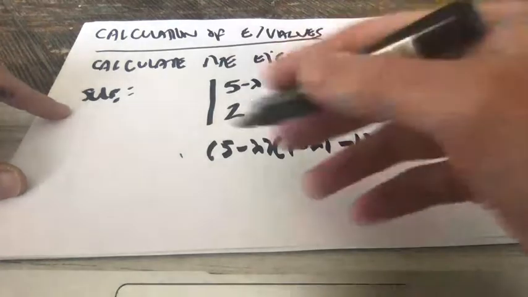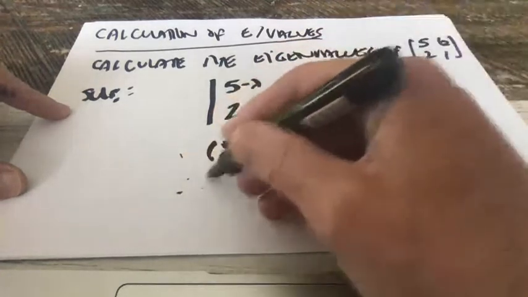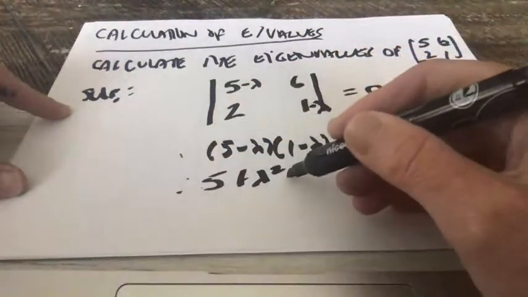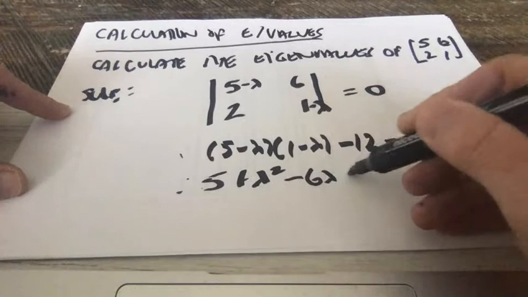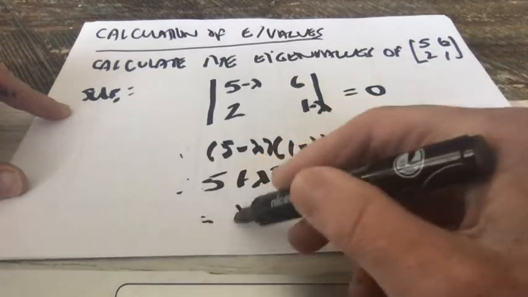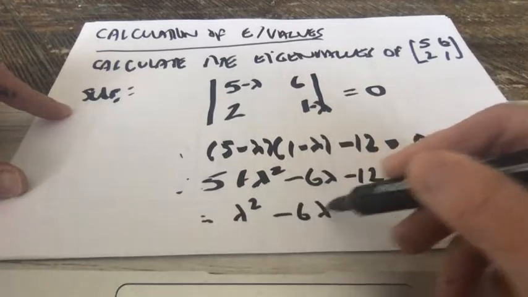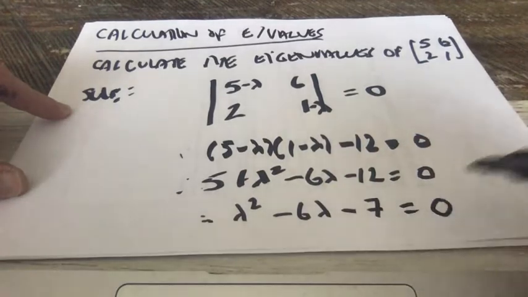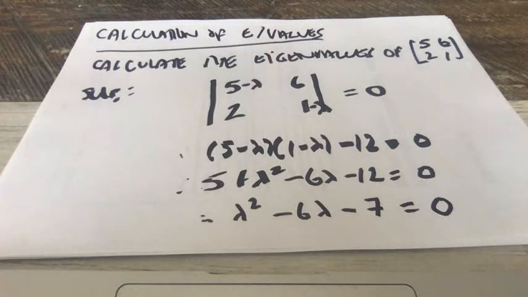Multiply that out and you get lambda squared minus 6 lambda minus 7 is equal to 0.